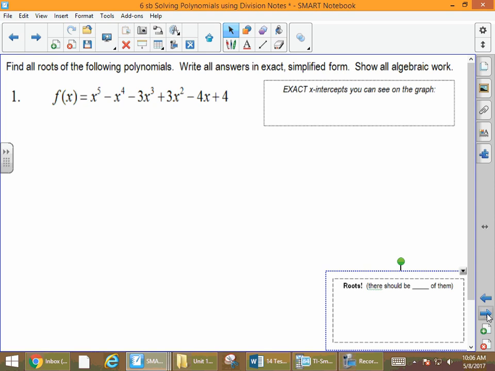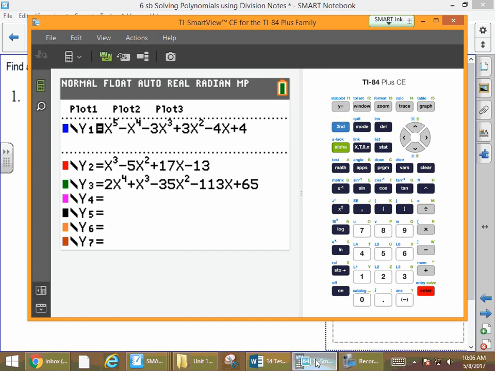I actually already have them typed in. But if we go to our calculator and we look at our y1 in case of mine, typing in this function, x to the fifth minus x to the fourth minus 3x cubed plus 3x squared minus 4x plus 4.